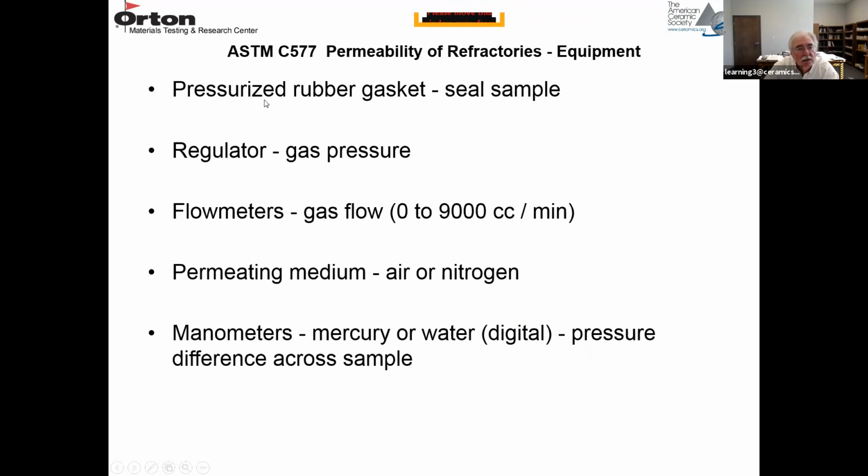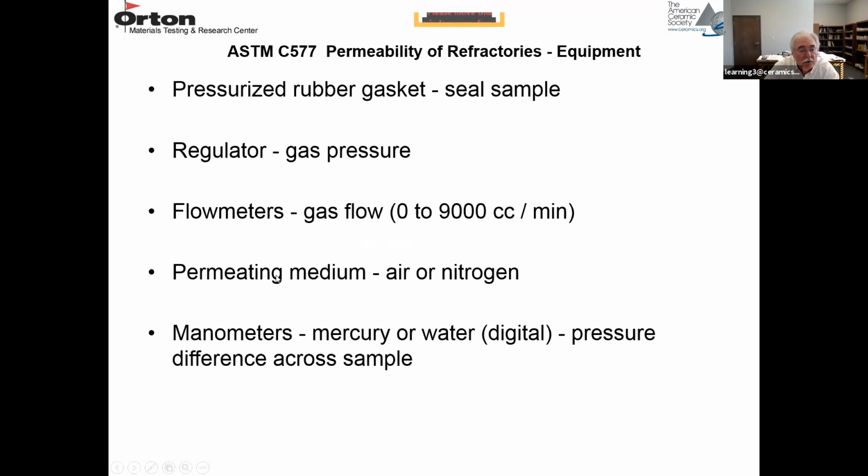For the equipment, you have a rubber gasket that you seal a sample in, and you pressurize that gasket to get good contact between the sides of the sample and the gasket. You have to have a regulator to control the gas pressure. You need flow meters to measure the gas flow, and we're usually going from 0 to 9,000 cc's per minute.